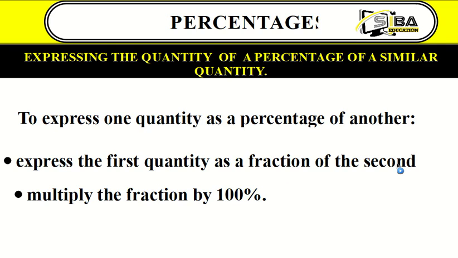What it means is that we are going to have two different quantities, but the first one should be a fraction of the second one. Then we multiply the fraction by 100% because we are converting it to a percentage.